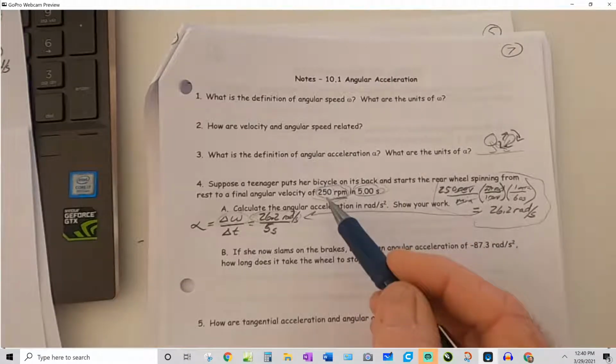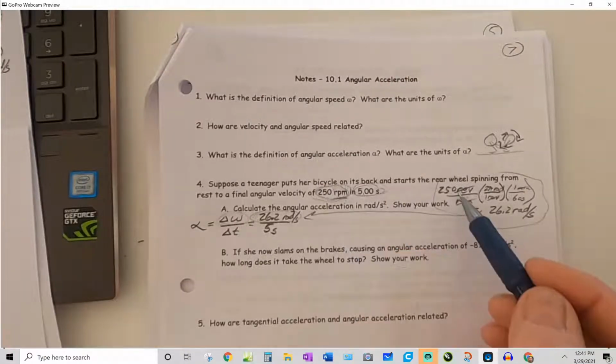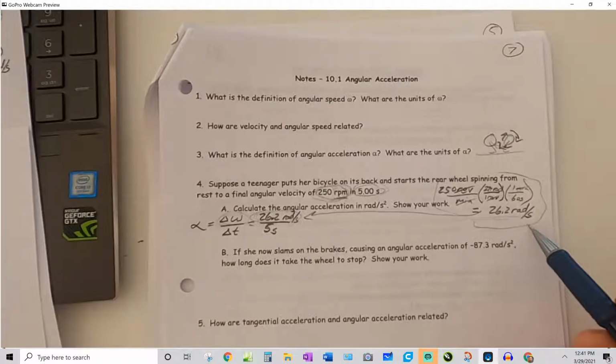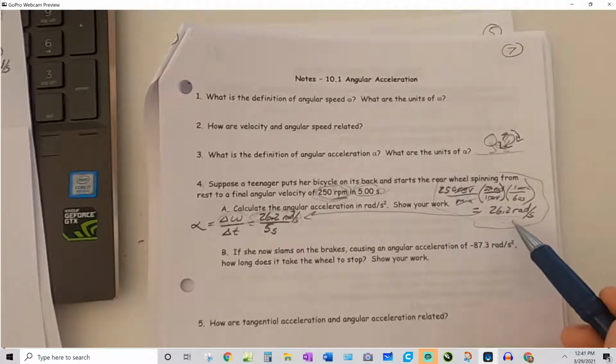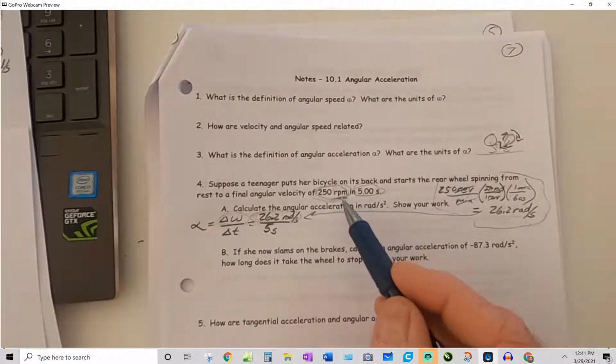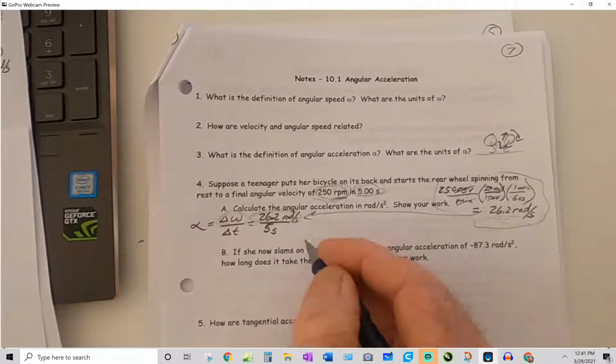And then it went up to 250 RPM, and that's what I've converted to radians per second. So if you go from 0, this is the change. So this is okay. This is how many radians per second were added on, because all this 250 RPM was what was added on.